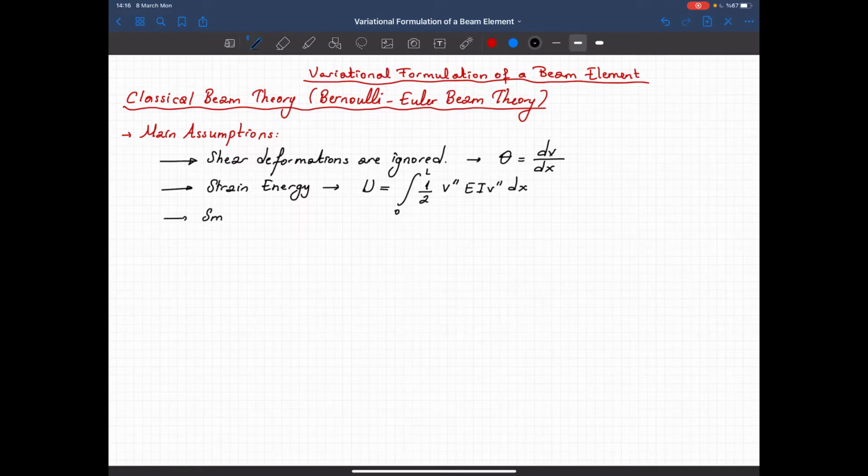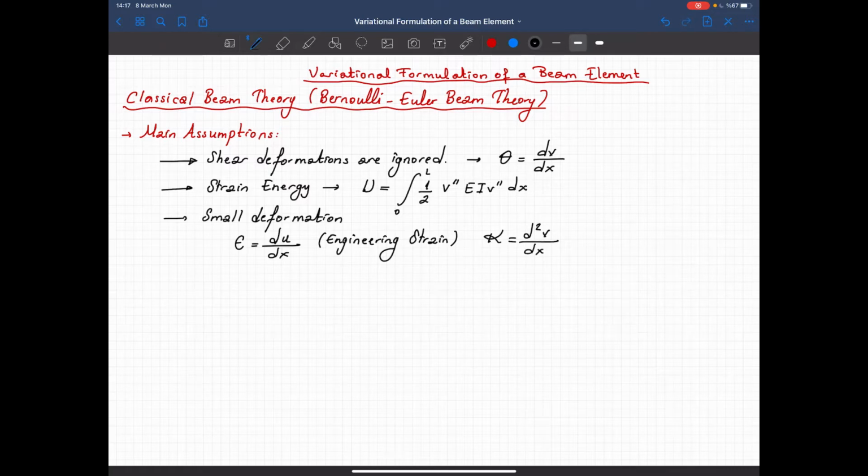The other assumption is the small deformation assumption. So we are saying that the axial strain is equal to du over dx. Here we are using the engineering strain definition. And the curvature is equal to d square v divided by dx squared.